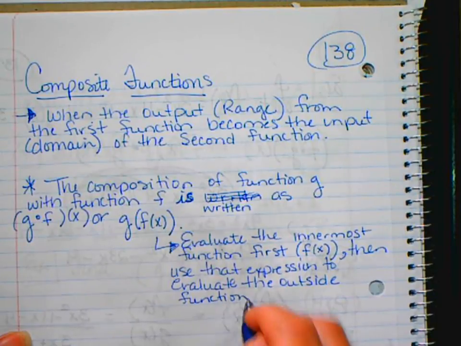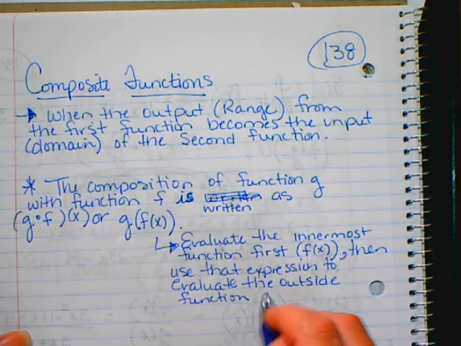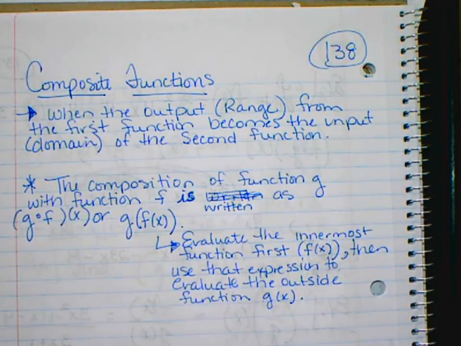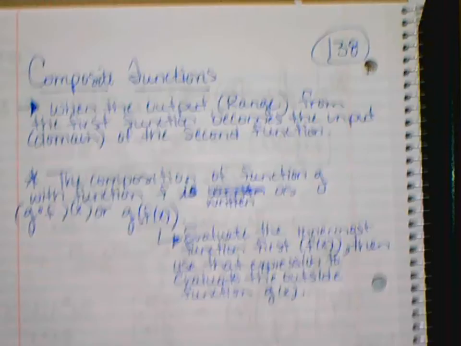In this case, that would be function g, or we would say g of x. But it's not always going to be a function g, just whatever's on the outside. Okay.